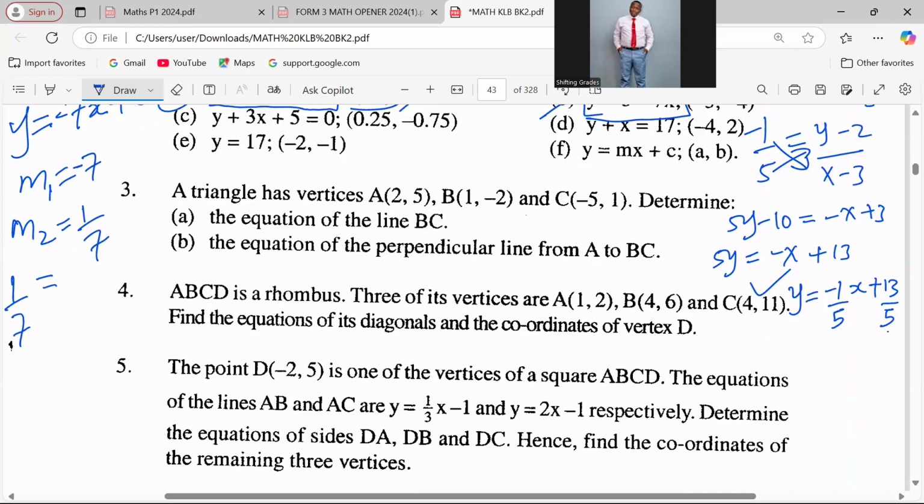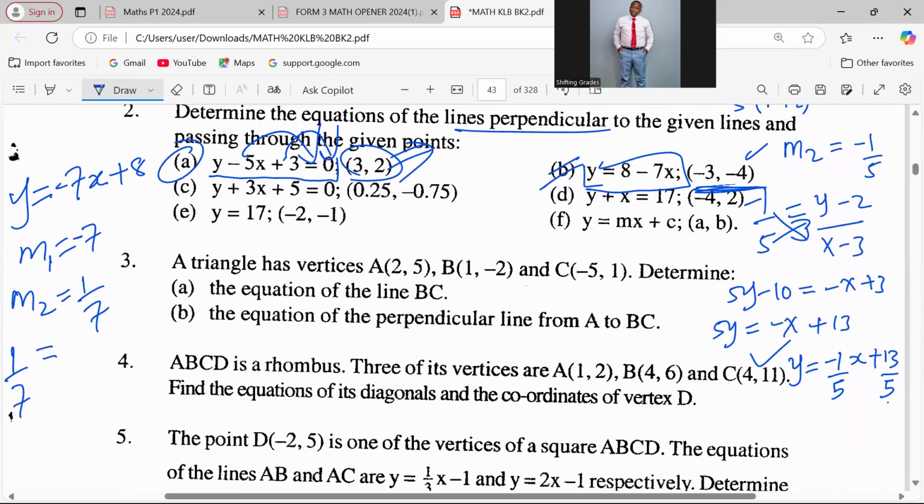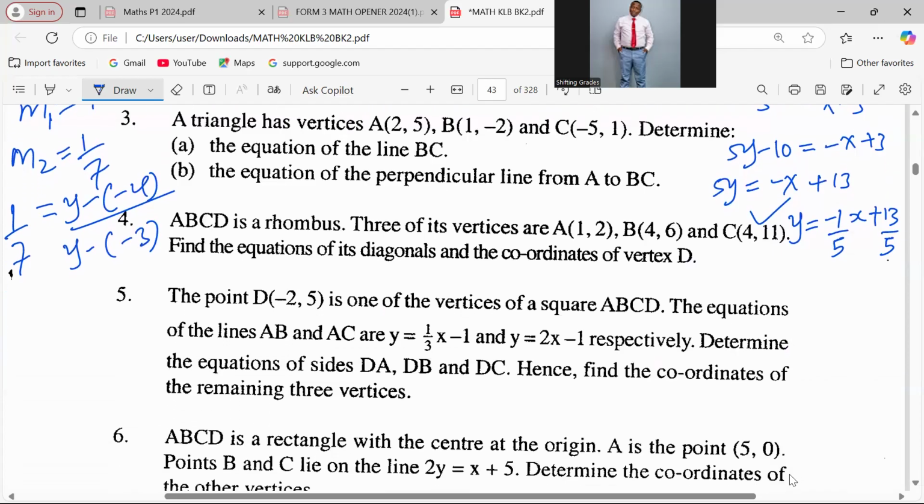So now with this gradient, we need to express it. 1/7 equals change in y over change in x. The coordinate is here: y minus -4, out of x minus -3. Therefore, 1/7 equals (y + 4)/(x + 3). Cross multiplication: 7y + 28 equals x + 3.